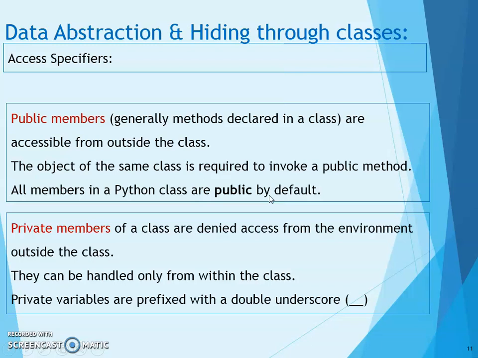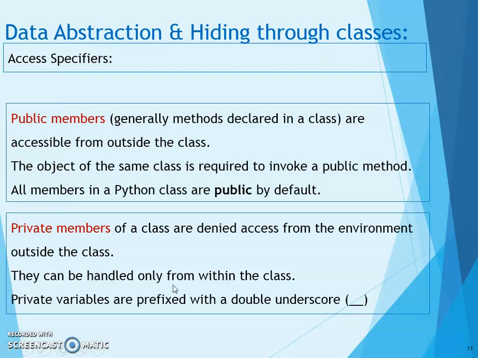So we'll see the next access specifier, that is private. If it is a private member of a class, then it will deny access from the environment outside the class. So the members, that is variables and methods, if they are defined as private, then they cannot be accessed outside the class.